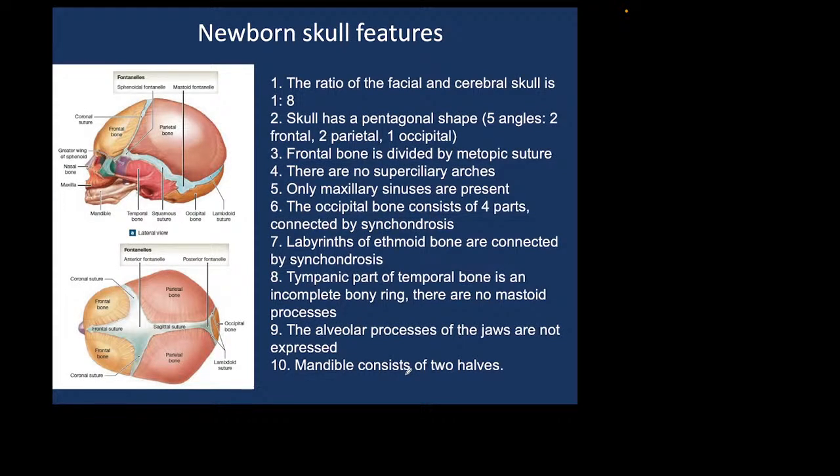The differences between a newborn skull and an adult skull are on this slide. There are 10 main newborn skull features. First, the ratio between the facial and cerebral skull is 1 to 8.